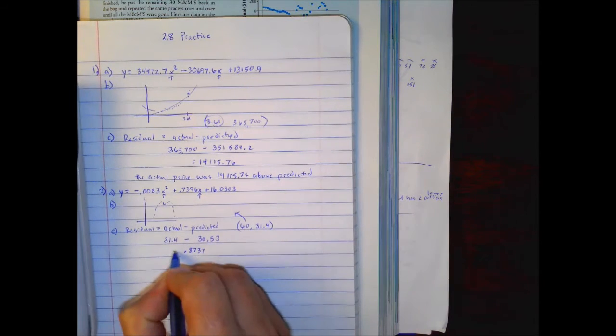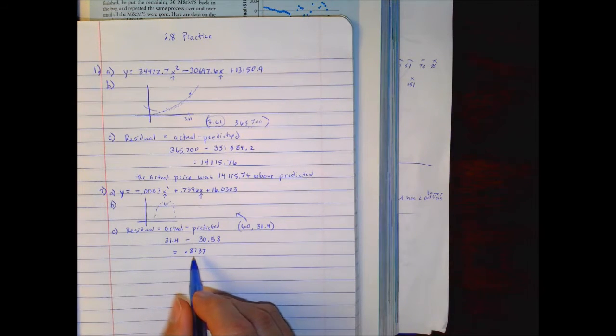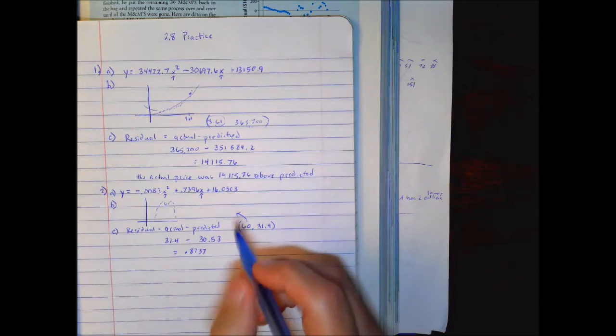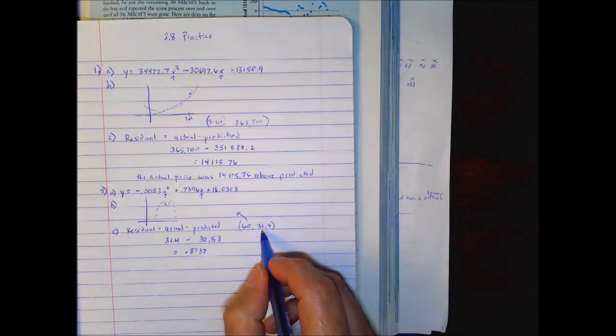Now, to interpret this, at 60 we are that much over what we predicted.